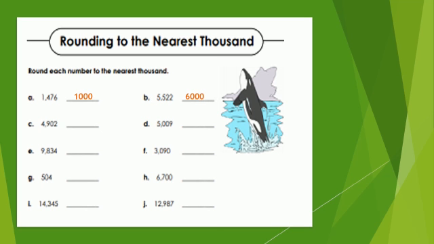The number line used is 4000 to 5000. Midpoint is 4500. Here 902 is more than 500. So it becomes 5000. Now one more, 5009. The midpoint is 5500. So 9 is closer to 5000. That's why we are writing 5000 here. Rest of the questions, do it by yourself.